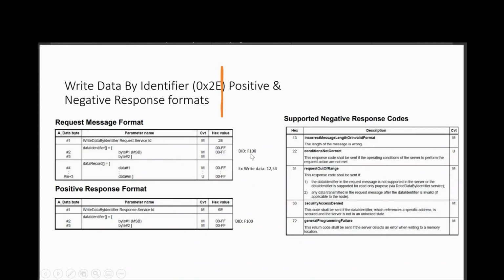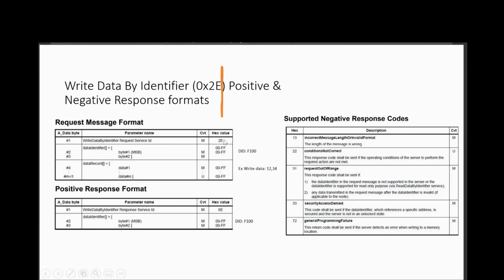Any data can be written, but that data should be mapped to one DID in the software. Suppose F100 is associated with the programming date, then it can be written using 2E, F100, followed by the programming date, for example 1, 2, 3, 4. Any parameter we can write. It's just an example.